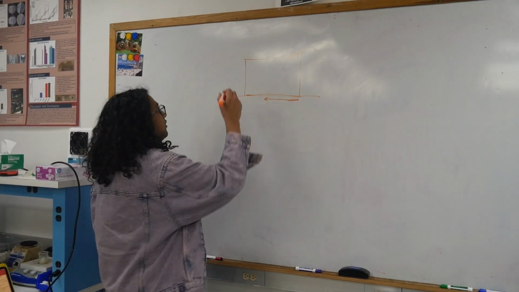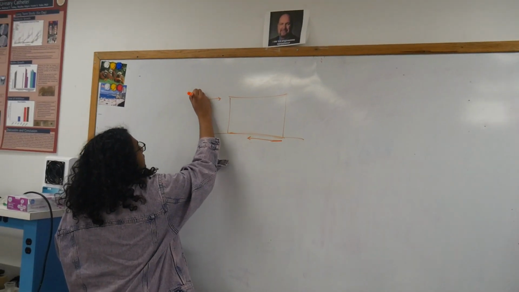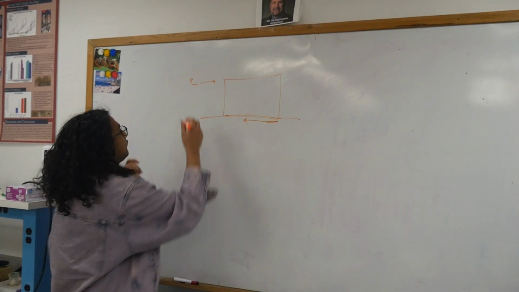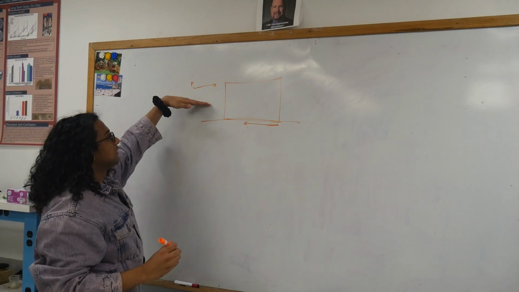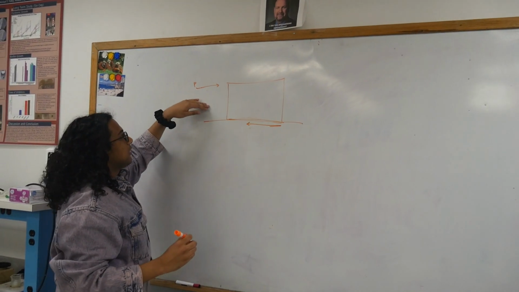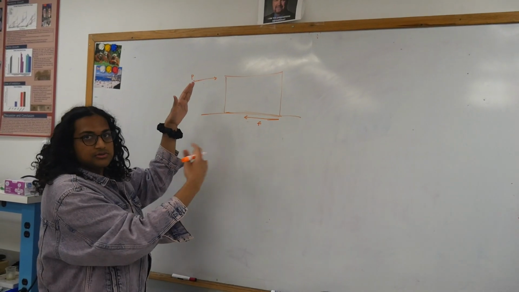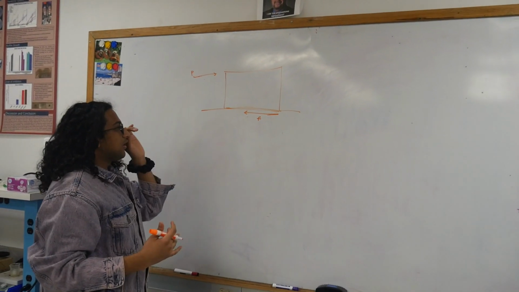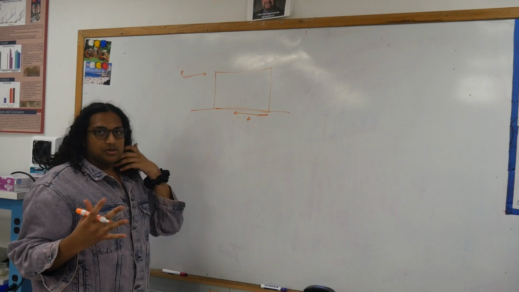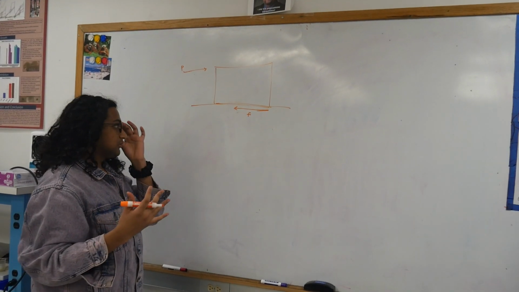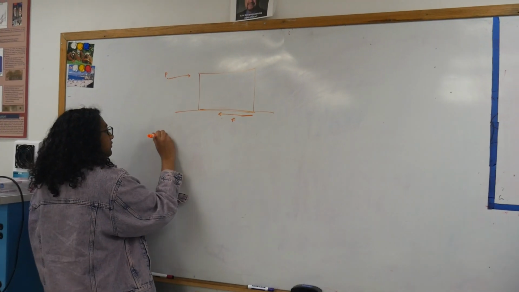So say I have a force P that is applied onto the brick, and then friction would oppose that motion. There are 2 types of friction that might occur.